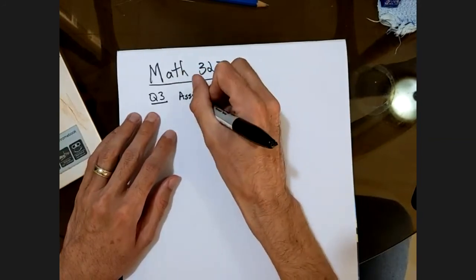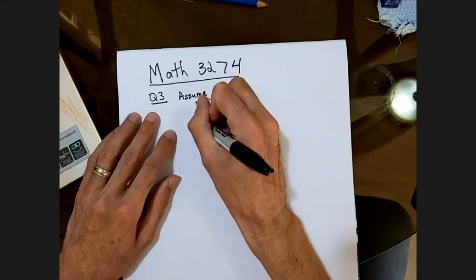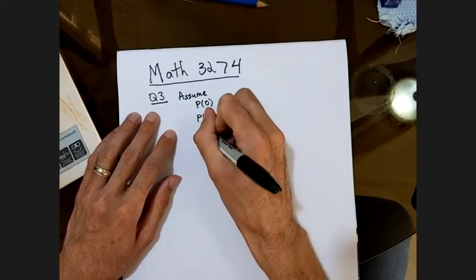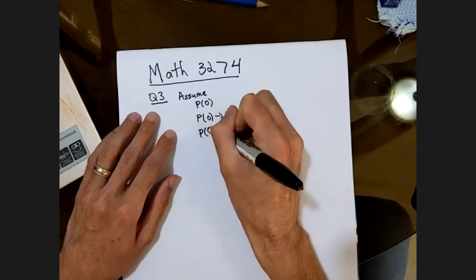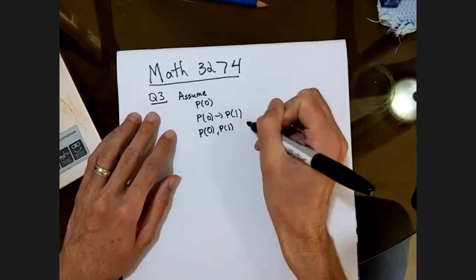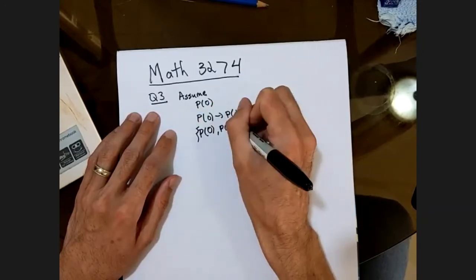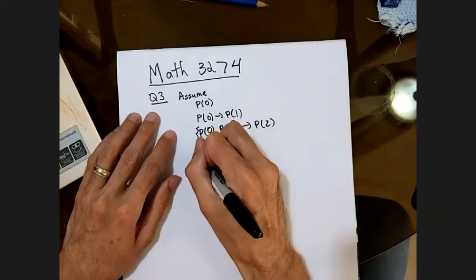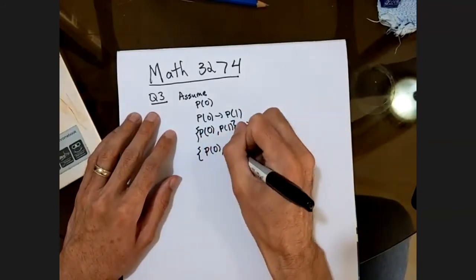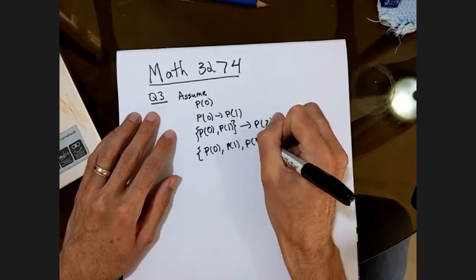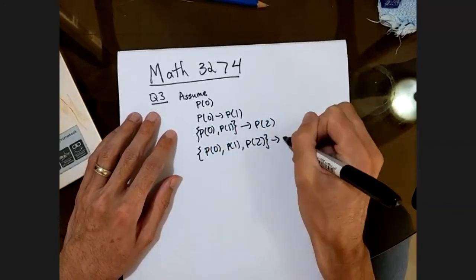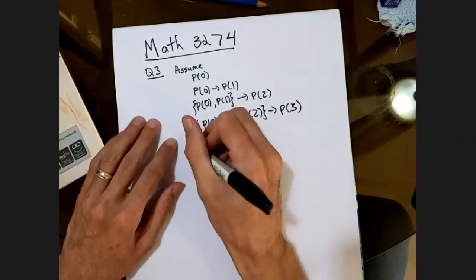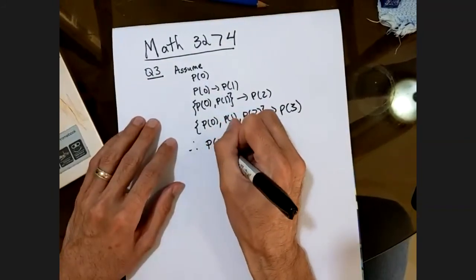Assume P of 0, and assume P of 0 implies P of 1. Assume P of 0 and P of 1 together imply P of 2. And also assume P of 0, P of 1, P of 2 implies P of 3. And then we want to conclude P of 3.